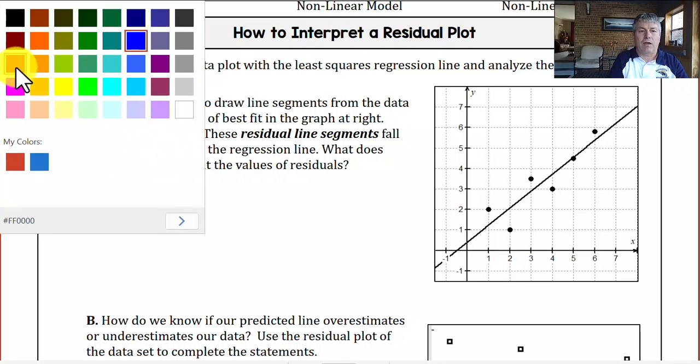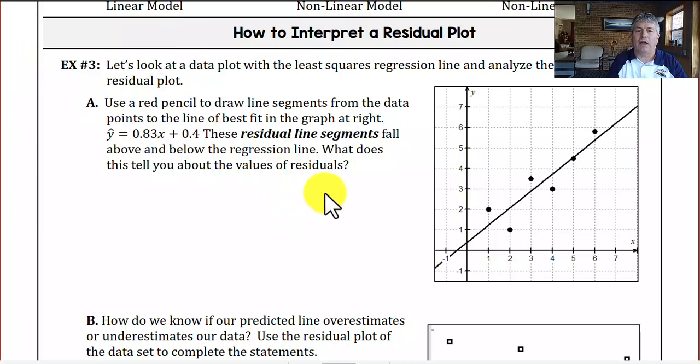We're asked to use a red pencil to draw line segments from the data points to the line of best fit at the right of this y hat. So y hat is that line there. And so all of these red lines are the directed distance. Well, this one's like 0.